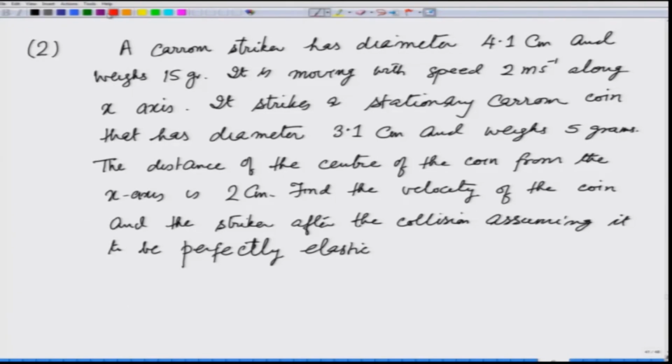So, what you are given is, here is a carom coin 3.1 centimeter in diameter, and here is a striker bigger in size, its diameter is 4.1 centimeter.